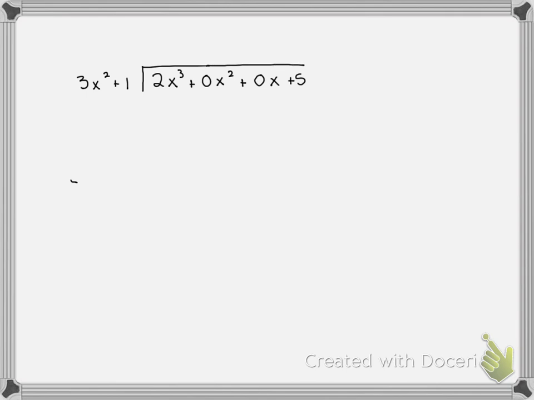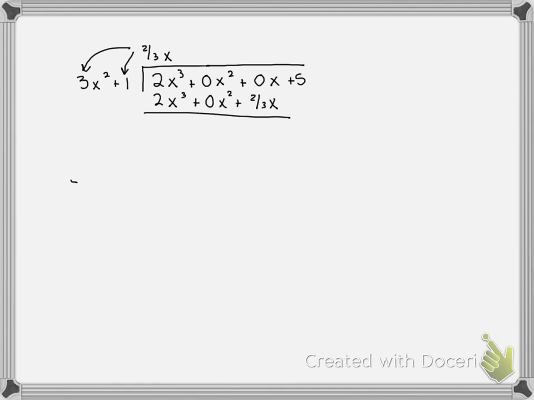Okay, so 3x squared goes into 2x cubed 2/3 x times, because when you multiply that times that, you're going to get 2x cubed. And when you multiply 2/3 x times 1, you're going to get 2/3 x. So we'll just fill that in.